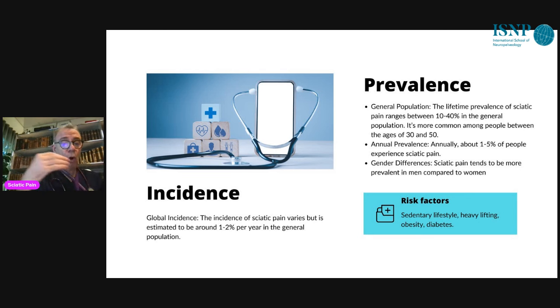And the overall global incidence in the general population on Earth is somewhere between 1 and 2% per year. So that means per year on Earth, 1 to 2% of the people on the planet will develop a sciatic pain.